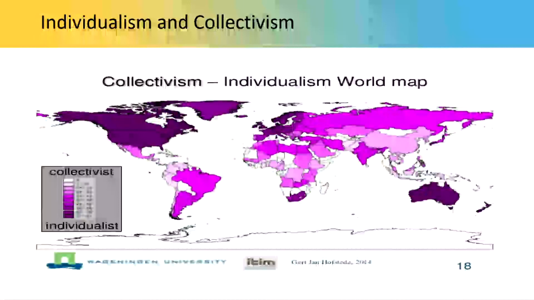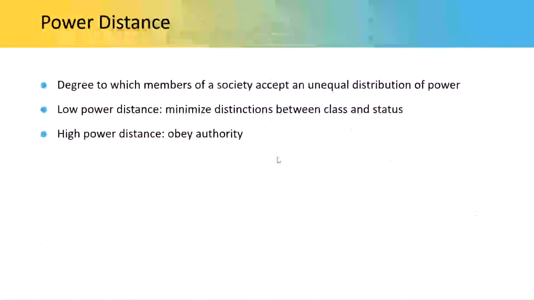You live in an individualistic culture and you are more collectivistic, and people are going to think you're a sap because you are always taking care of others instead of putting yourself first. Now, I'm presenting this again, as I said earlier, as if it's an either or, and obviously it's always a continuum. Okay. The next one that Hofstede studied or came up with was this idea of power distance.